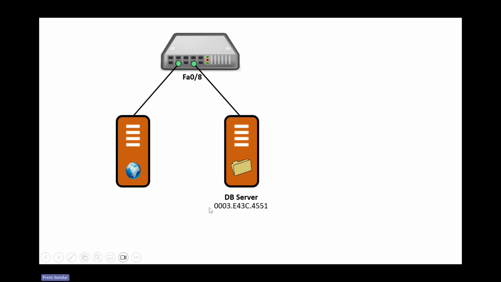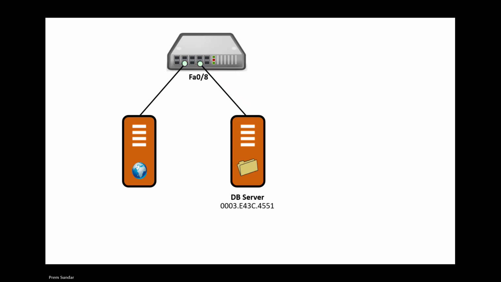DB server with MAC address 0003 E43C 4551 is connected to the FA0/8 port, and we have enabled port security on this port. When the DB server sends a frame, the switch allows access to the FA0/8 port.